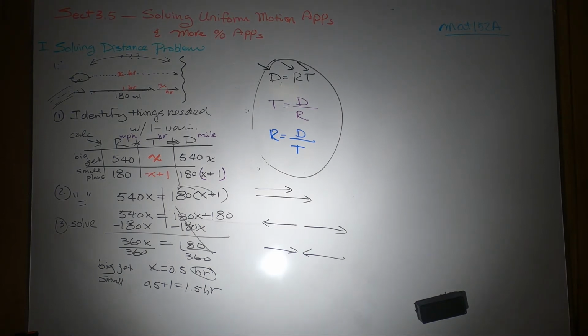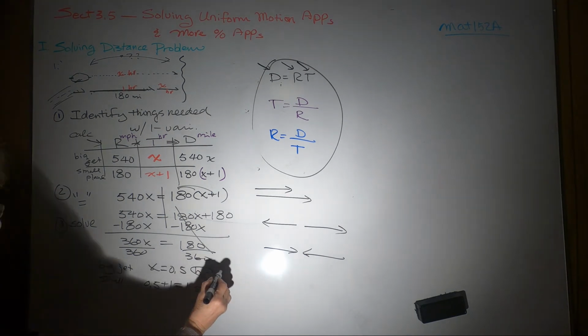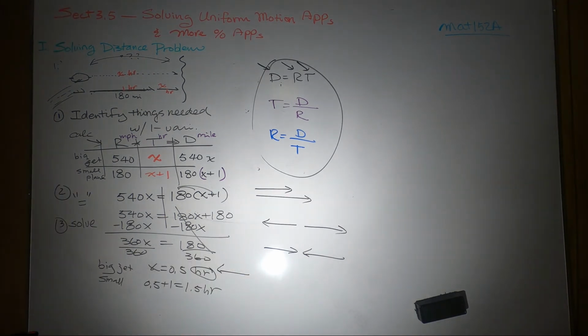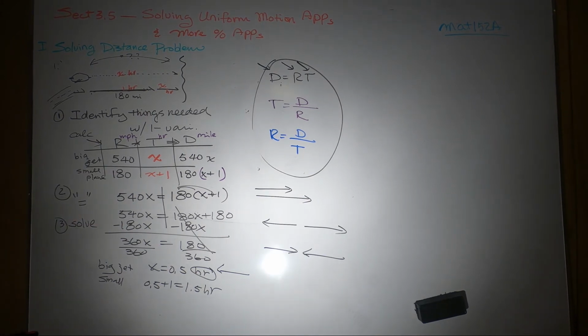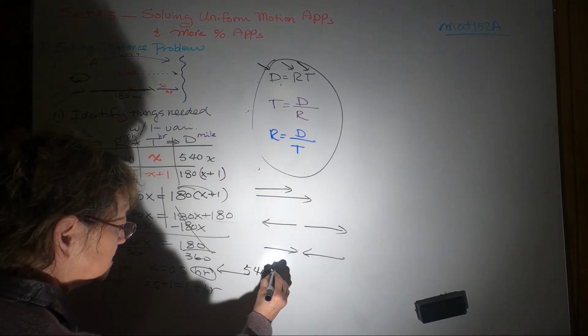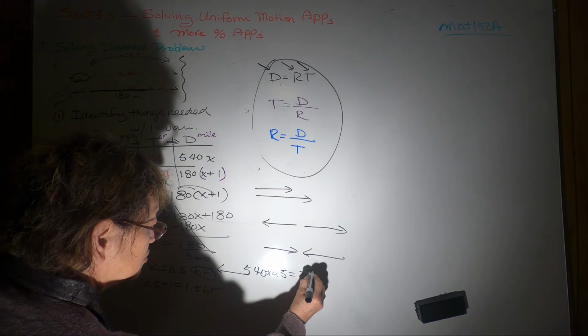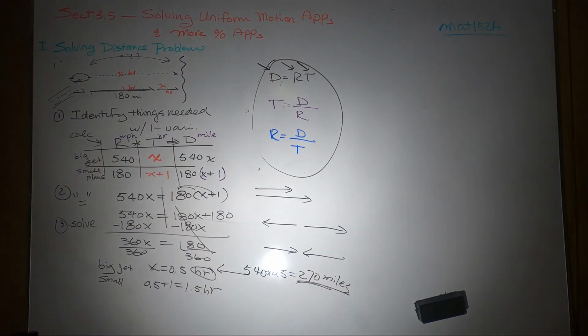We want to find the distance. So for x hours, how many hours? 0.5 hour. What's the speed of the big airplane? 540. So how far did it travel? R times t, right? So that will be 270 miles for the big airplane.